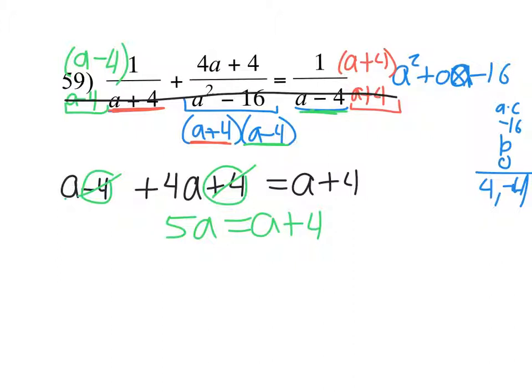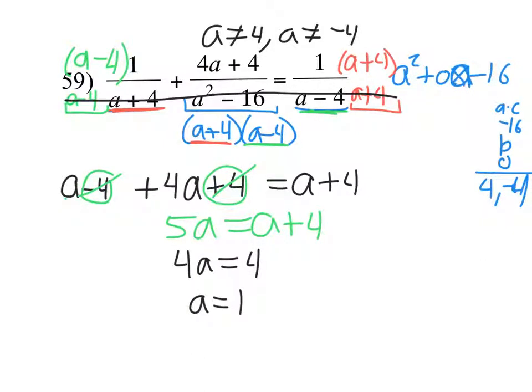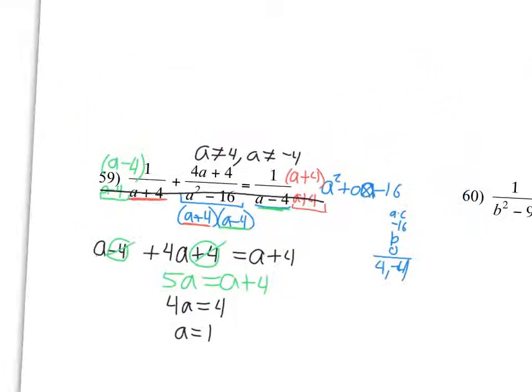You also might notice that I skipped doing excluded values at the beginning. Just as a side note, a cannot be 4 and a cannot be negative 4. I'm going to bring a to this side, so we get 4a is equal to 4. Dividing by 4, I get a is equal to 1, which is not an excluded value. And that's it.